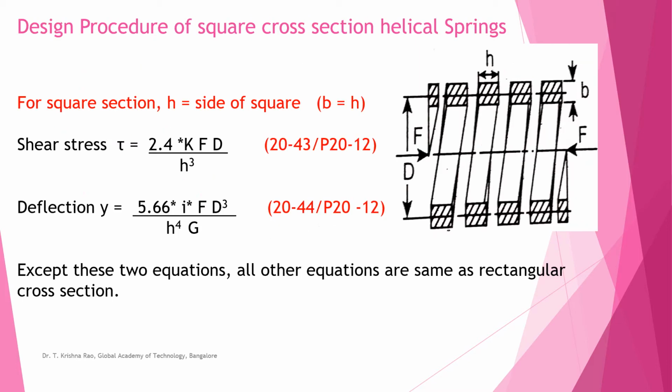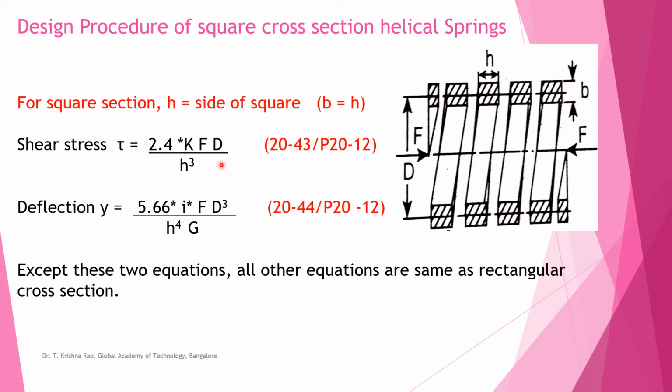Then we do one square cross section. The only difference is b equal to h. You can see that it is square, both sides are equal, and it is called h only. B equals h here.